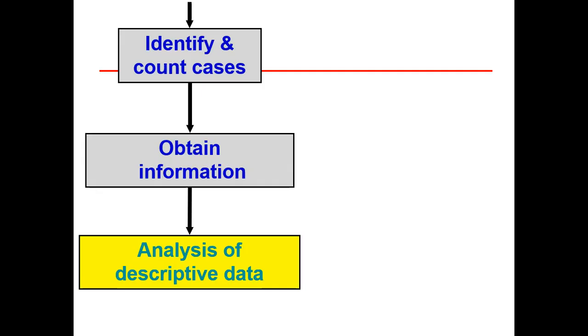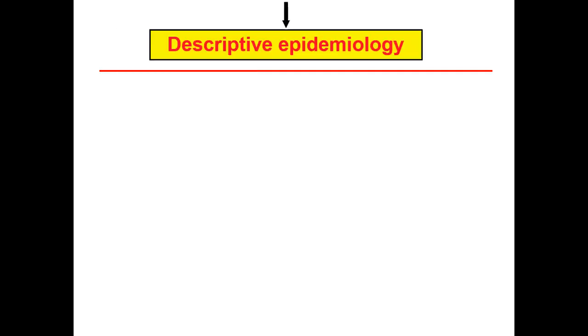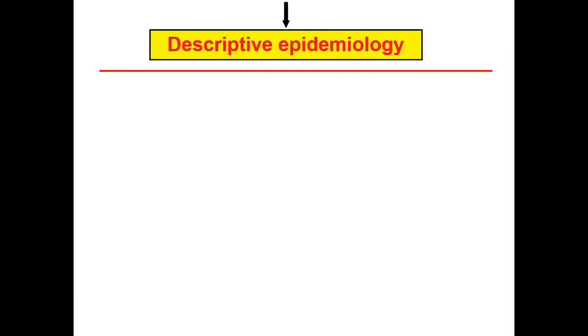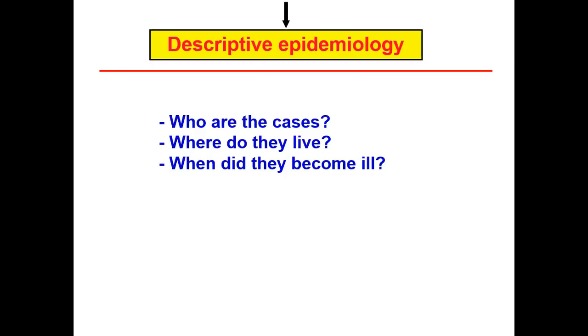So descriptive analysis is very, very important. These are the things that we use to describe time, person, and place characteristics: when, who, where. Those are the kind of questions you want to ask.